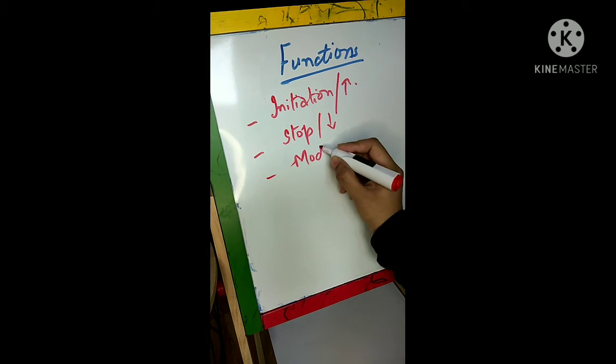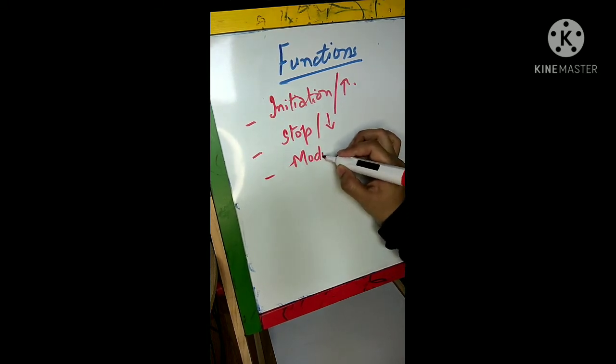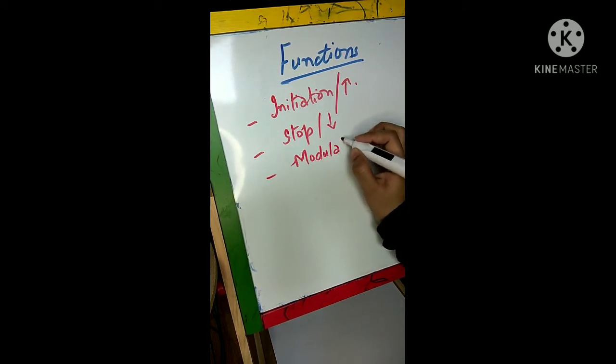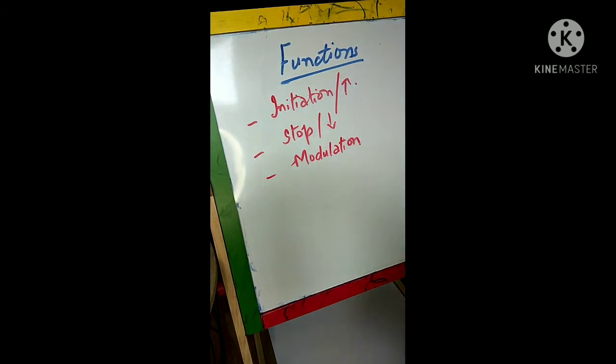The third point is that they also have a role in modulation of the movements. So of the three pathways, the direct pathway is responsible for the first step, the initiation or facilitation. Indirect is responsible for stopping or reducing, and the nigrostriatal pathway has a role in modulation of the movements. Now we will see how it all happens.